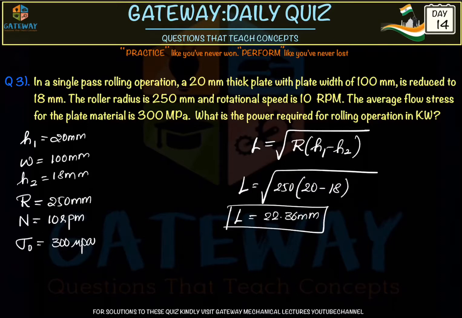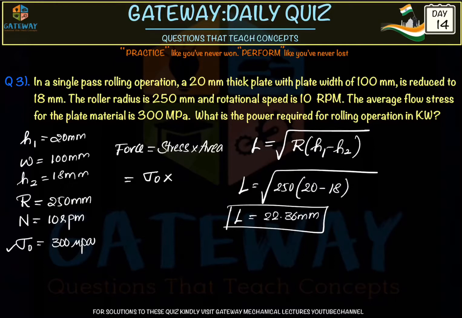So once the contact length was obtained, you just observe the derivation for rolling, what conditions will be taking in the rolling. So we'll calculate the force. We know force is equal to stress into area. Right, and here the stress is directly given in the question, sigma naught, and this is the case of plane stress. Okay, remember this is the case of plane stress.